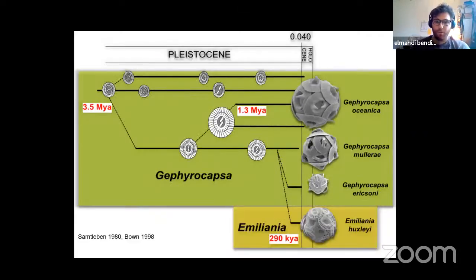If we look a bit closer in time, the Gephyrocapsa arose around 3.5 million years ago, and they diversified, and the Emiliania huxleyi species seems to have evolved from it around 290,000 years ago.